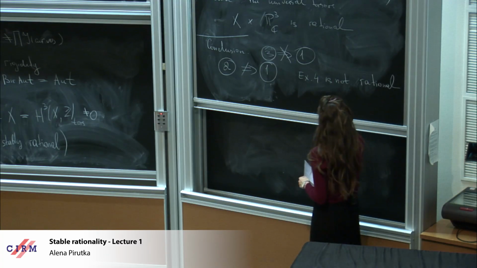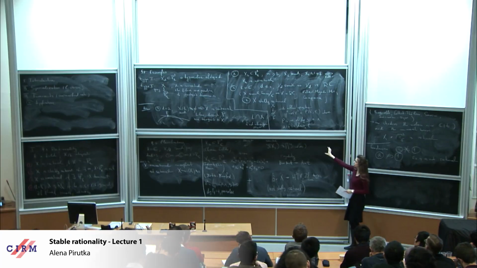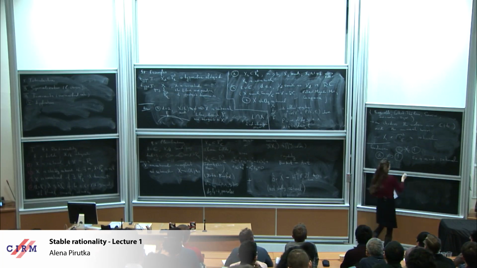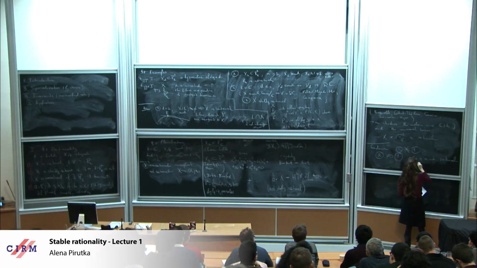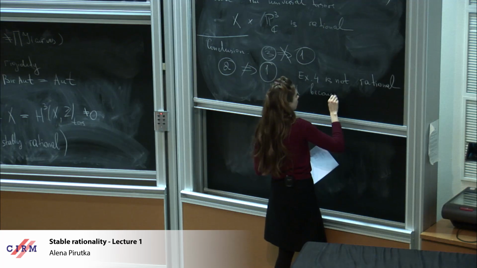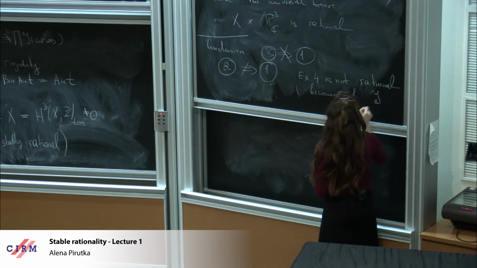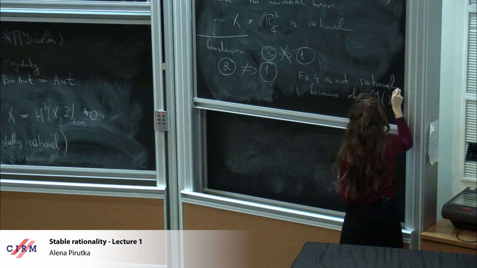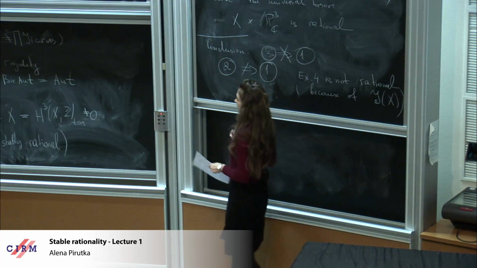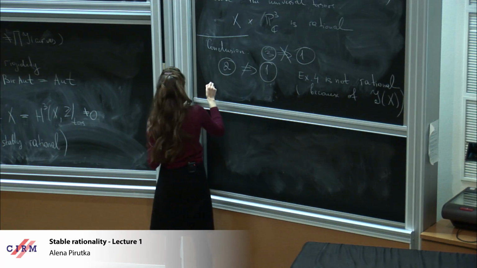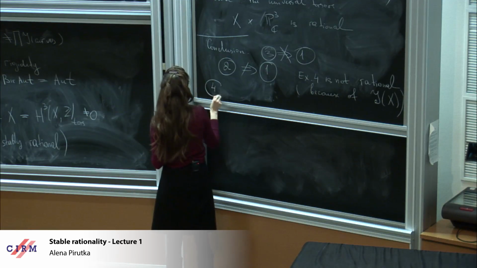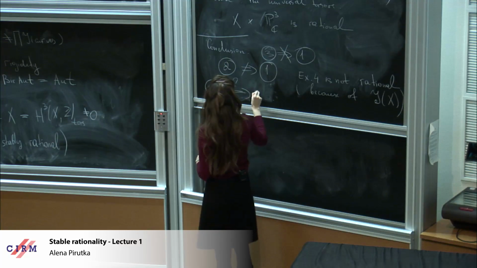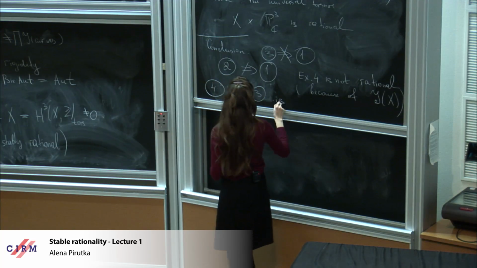And so I think it's the right time to mention it because the non-rationality is also established by the intermediate Jacobian criterion. Okay, so because of the intermediate Jacobian of X. Now, to distinguish the rational connectedness and uniruledness is still open.